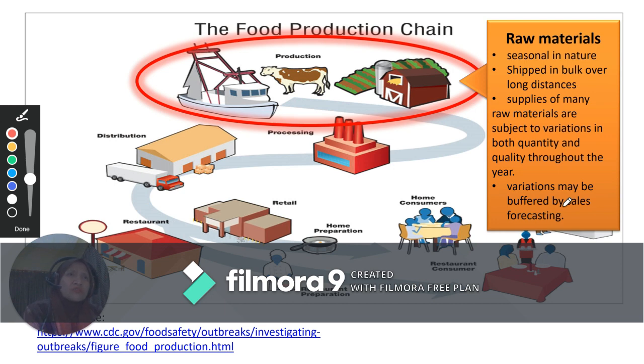Most of the raw material for food production is shipped in bulk over a long distance. For example, most orange juice could be supplied by Brazil. In Malaysia, we don't have plantations for oranges.